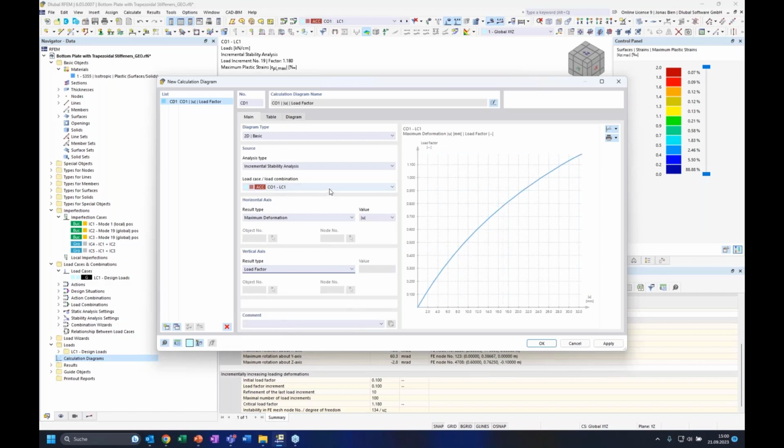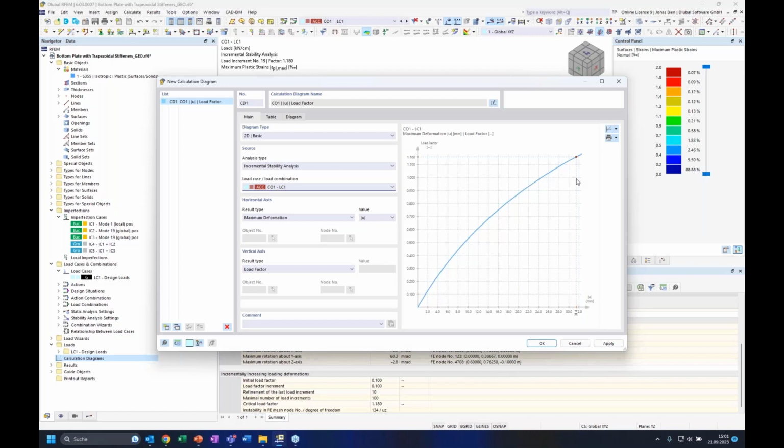I can basically do this analysis for all load combinations, but let's stick with the first one. I see that the load deformation curve is degressive, so it's non-proportional, and the stiffness of this curve lowers as we reach the ultimate load factor, but we only see the ascending part of the load deformation curve. We do not see any descending part.